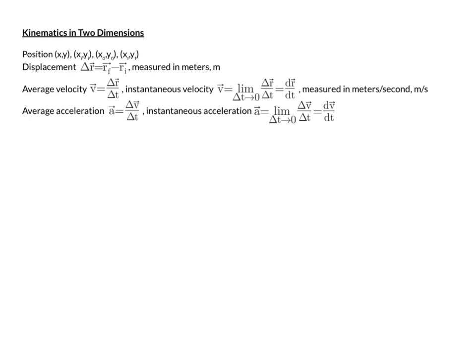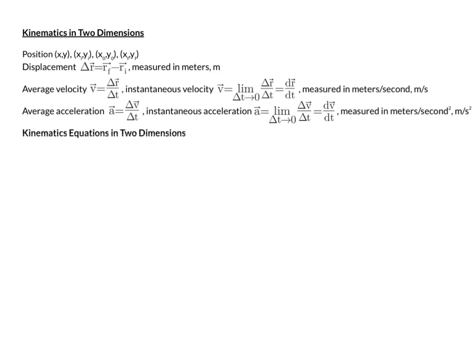Then the instantaneous acceleration is the limit as delta t approaches 0 of delta v over delta t, which again is the definition of derivative. So the instantaneous acceleration is the derivative of velocity with respect to time, and it is measured in meters per second squared with the symbol m over s squared.